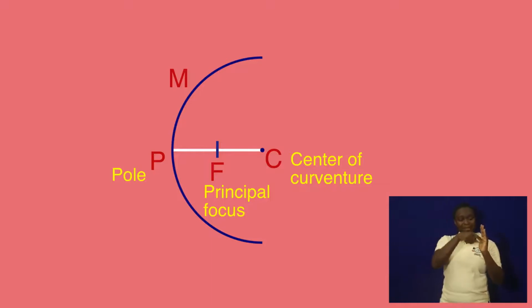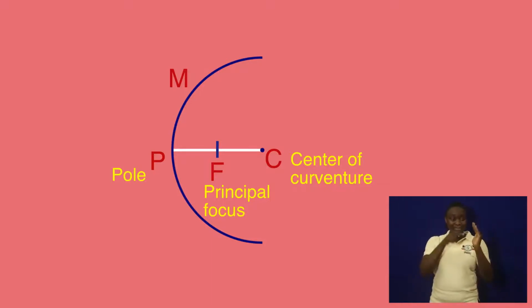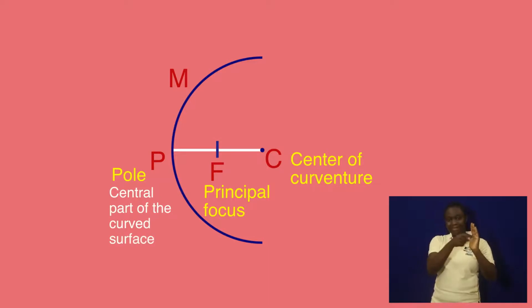The pole. Let me begin with the pole. The pole is the central part of the curved surface of the curved mirror.